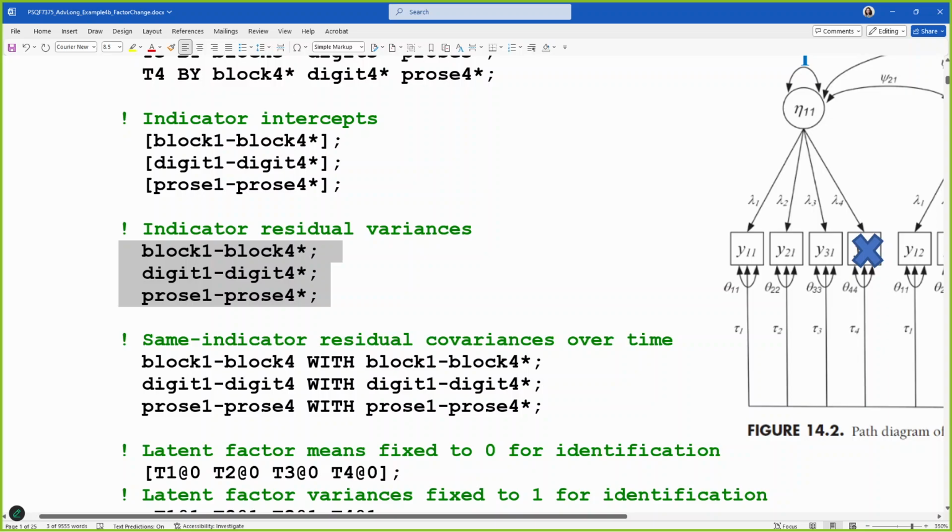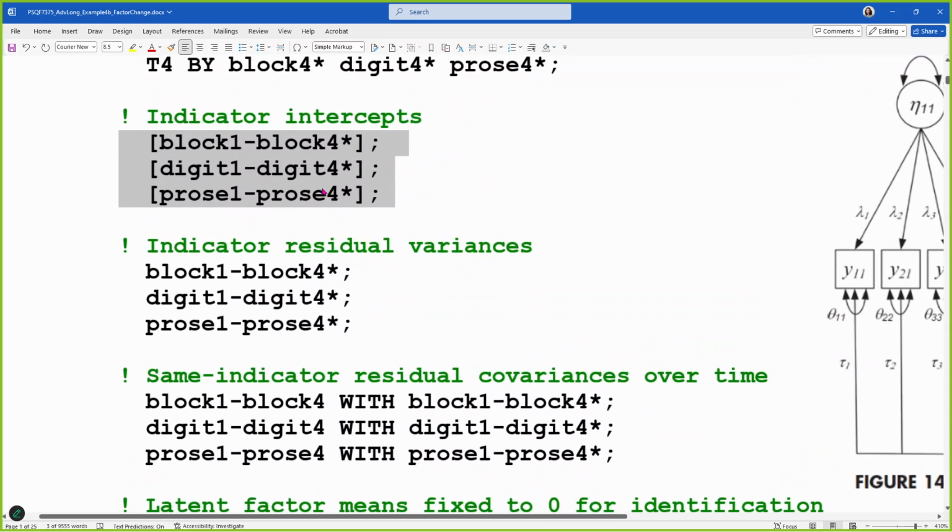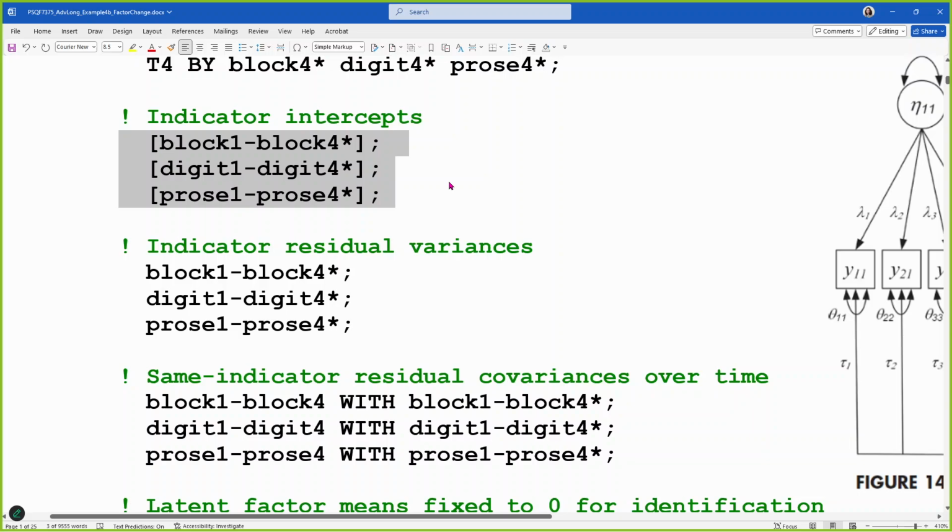Likewise, I have all possible residual variances. So in total, how many intercepts do I have? It's 12, 1 for each variable. How many indicator residual variances do I have? 12, yes.